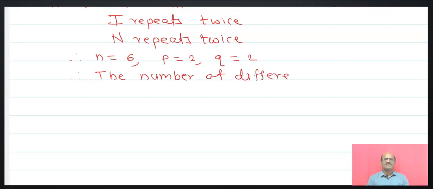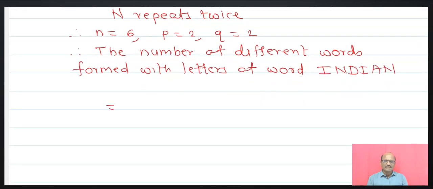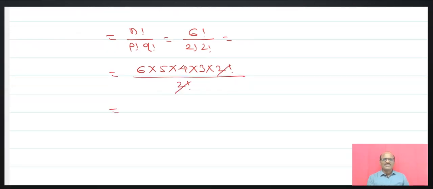The number of different words formed with the letters of the word INDIAN is n factorial upon p factorial into q factorial, that is 6 factorial upon 2 factorial into 2 factorial, that is 6, 5, 4, 3, 2 upon 2 into 2. 1, 2 is remaining, I forgot to write down.